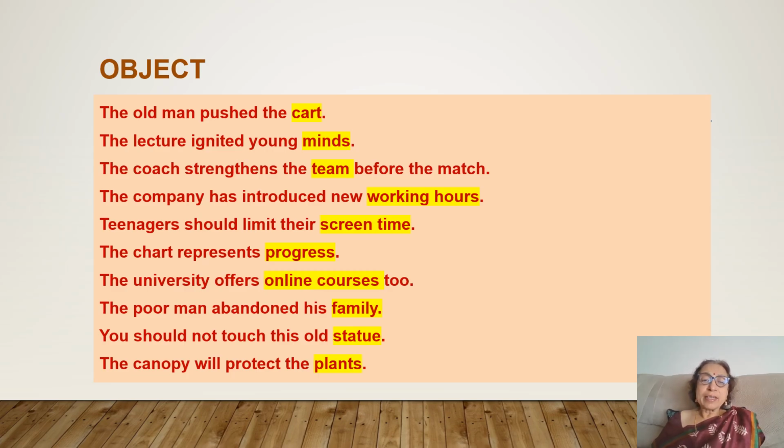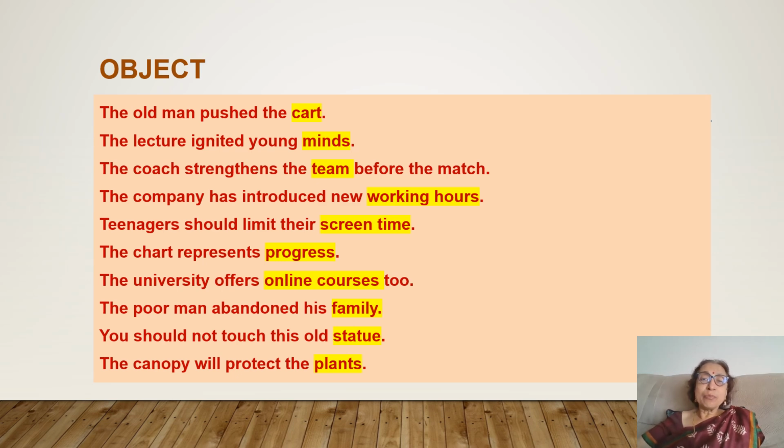The coach strengthens the team. Now, two nouns are there, match and team. I have not looked at the match. I've only looked at the coach strengthens. Incomplete. What? The team.